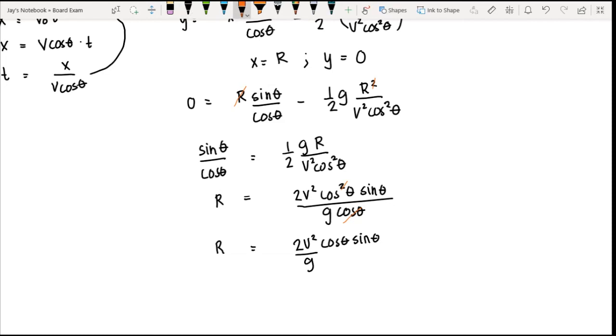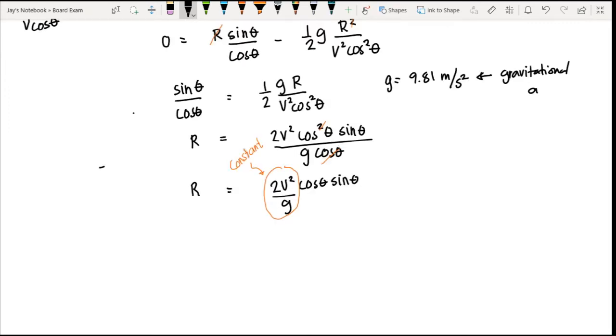Now take note, this 2v squared over g here is constant, because we are given the value of v, and we already know the value of g, which is equal to 9.81 meters per second squared. This is the gravitational acceleration.